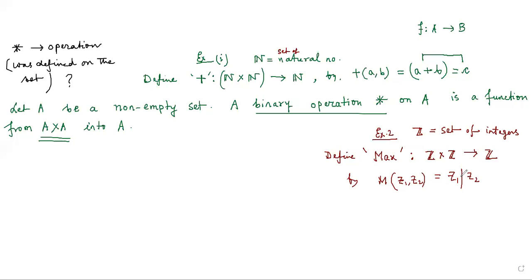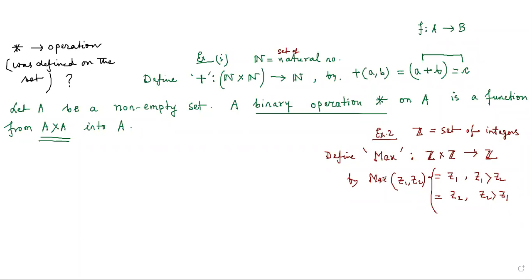The notation for my function is max, so let us write max. Max of z1 and z2 will be z1 if z1 is greater than z2, and z2 if z2 is greater than z1.